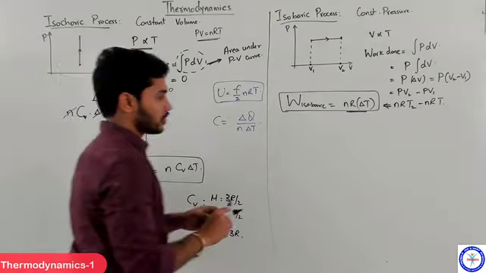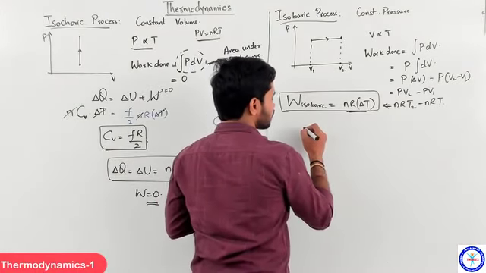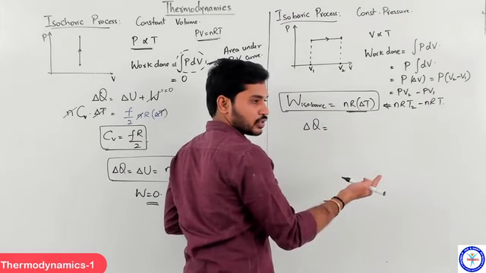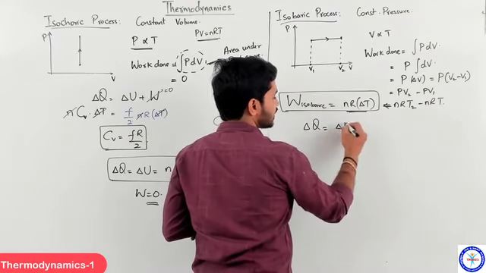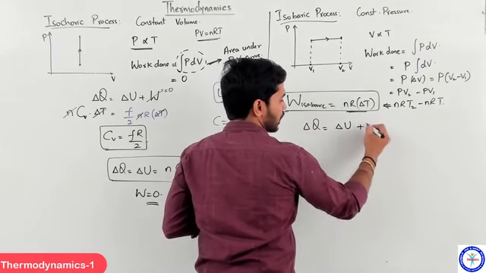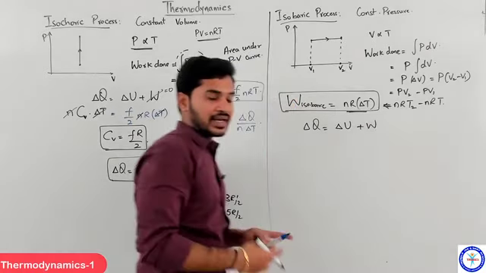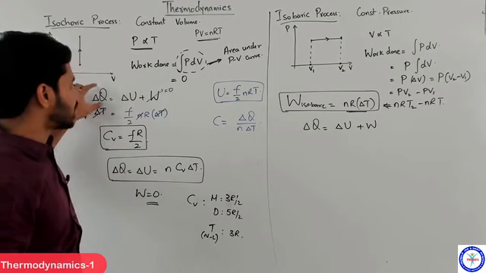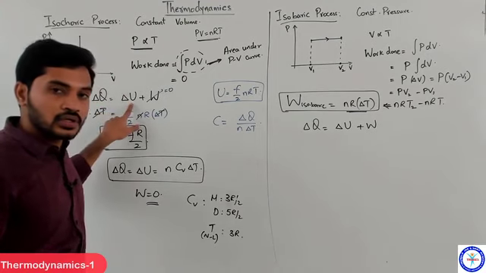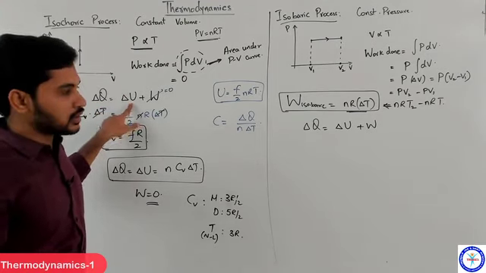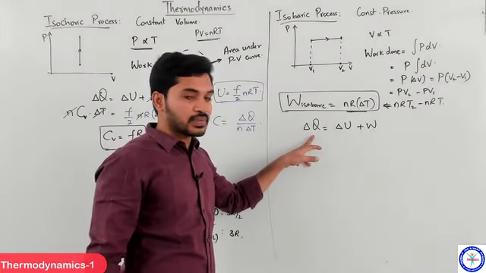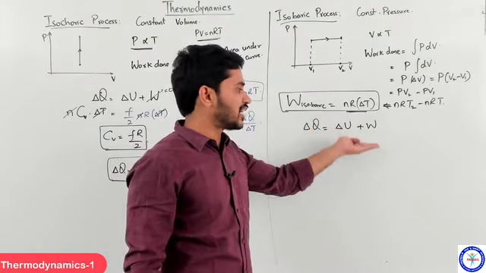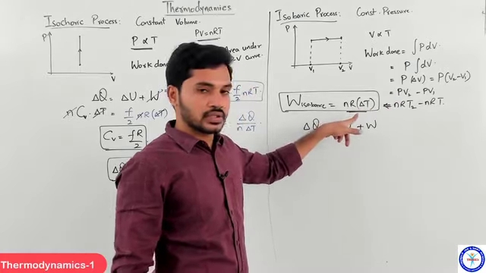Now let's apply the thermodynamics first law for this process. The thermodynamics first law states delta Q, the amount of heat that we should supply to the gas, is equal to the change in internal energy of the gas plus work done by the gas. Unlike the earlier scenario where all the heat supplied is completely utilized for internal energy, in this case whatever heat you are supplying will be used both to increase the internal energy as well as to do work, right?